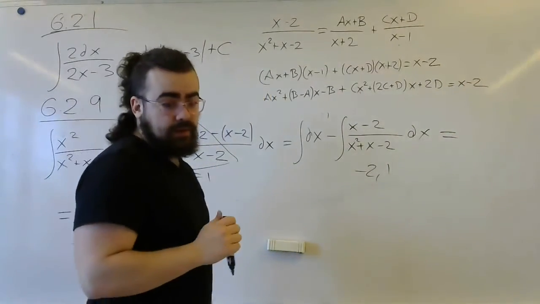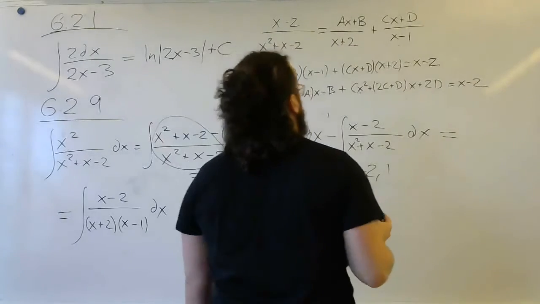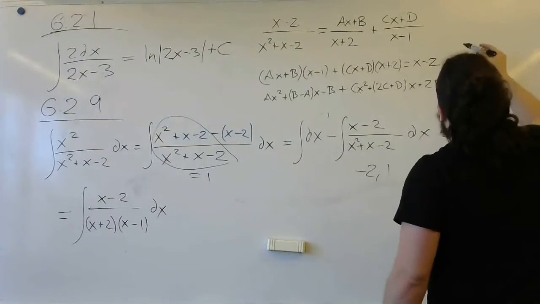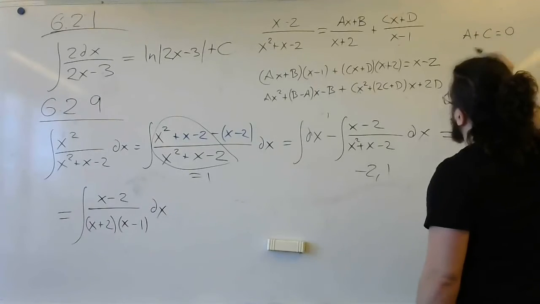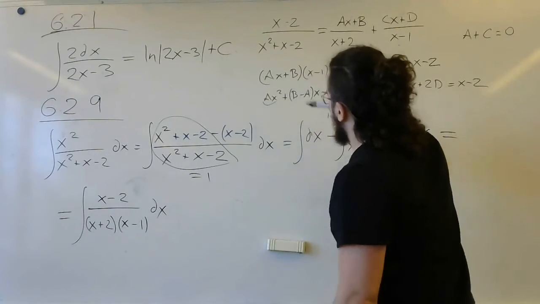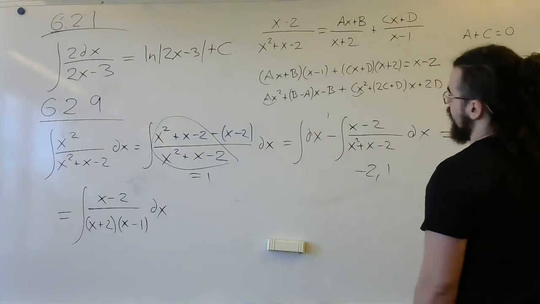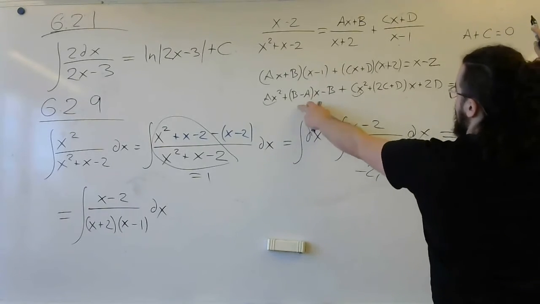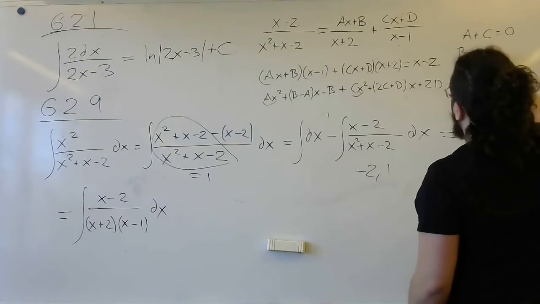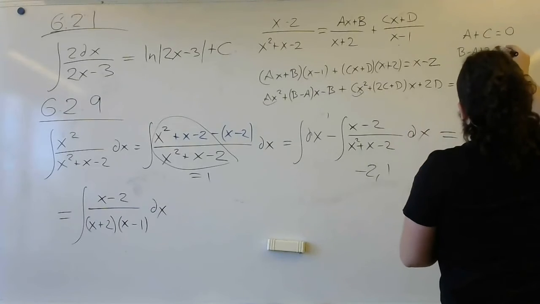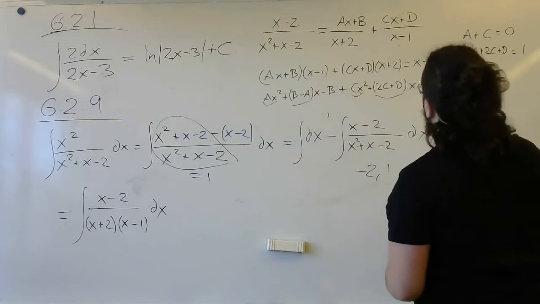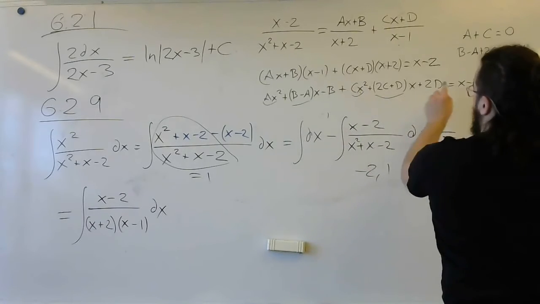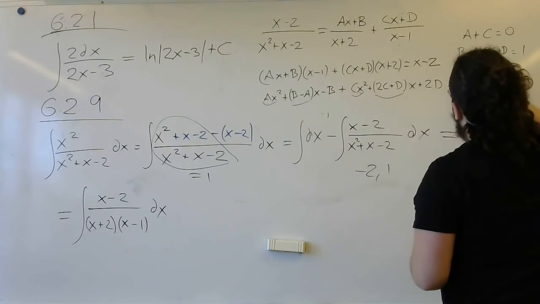And from here we have a system of equations in terms of the coefficients. The first equation is a plus c equals 0. This determines x squared. The second is b minus a plus 2c plus d is 1. This determines x. And now for the independent term, 2d minus b is minus 2.